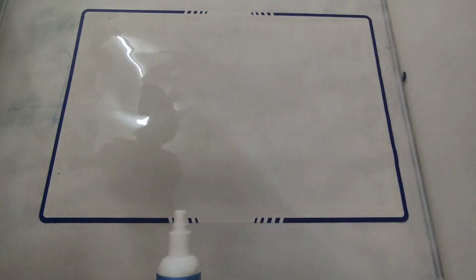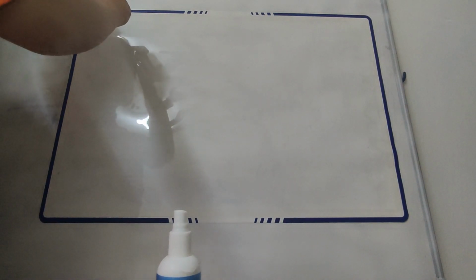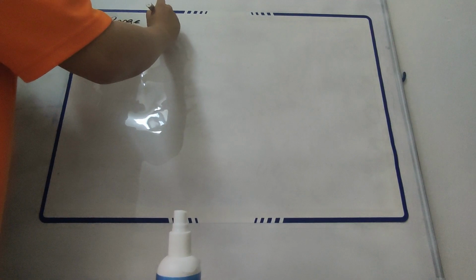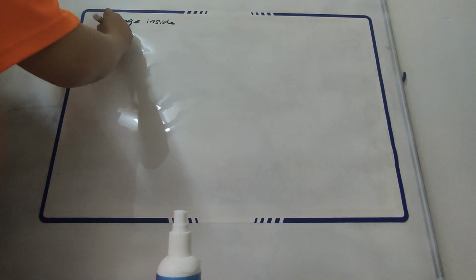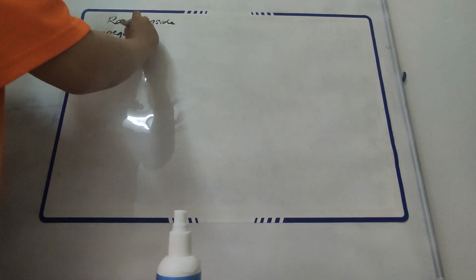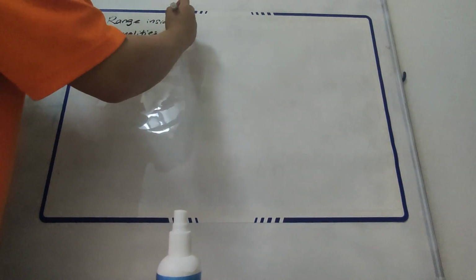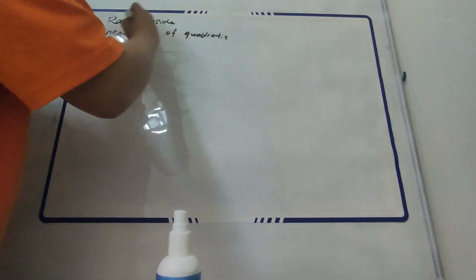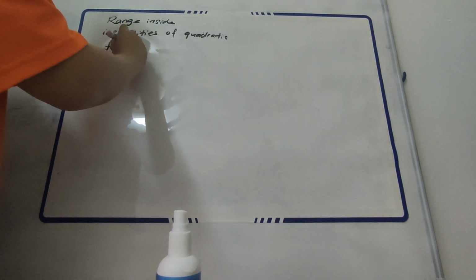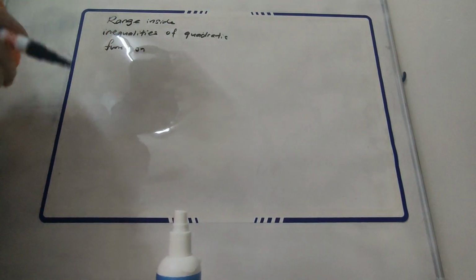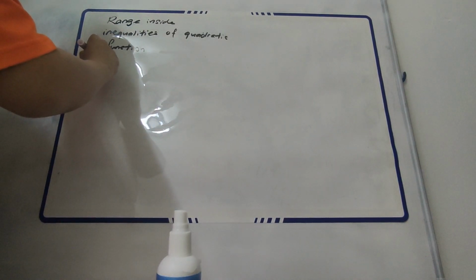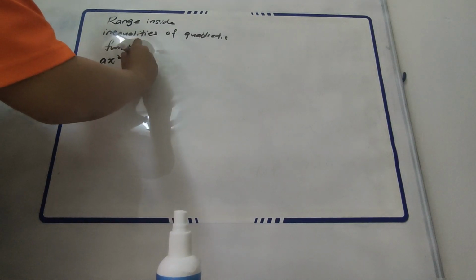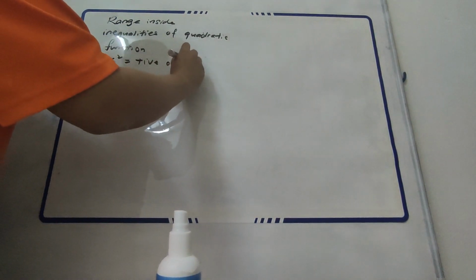Okay, to find the range inside the inequalities of quadratic function. Still the same. First thing you need to know is whether the constant a inside the x squared is positive or negative.